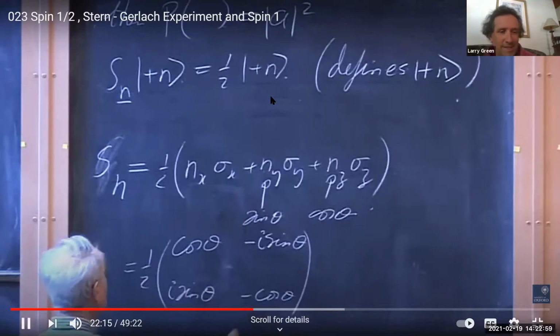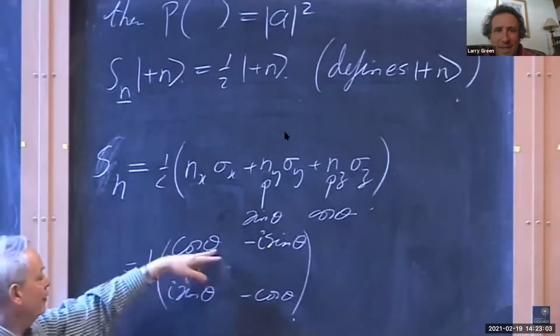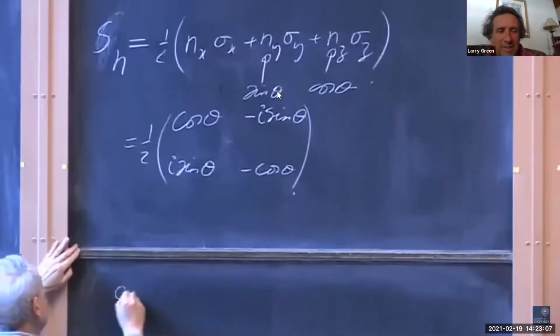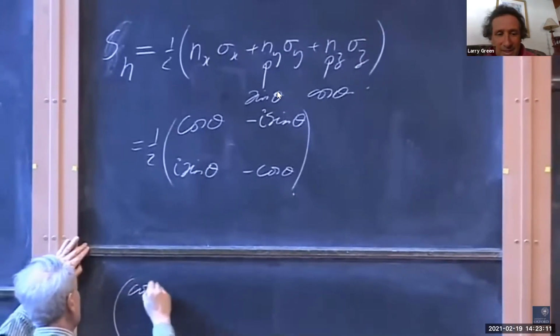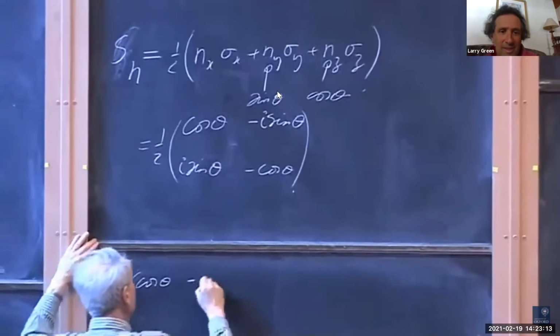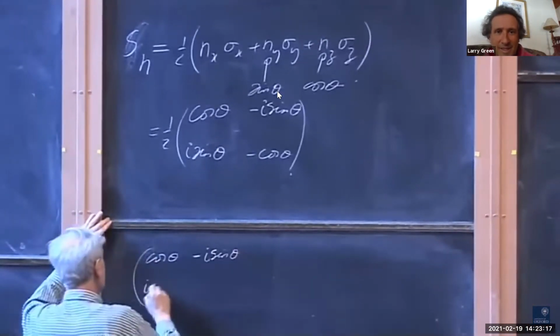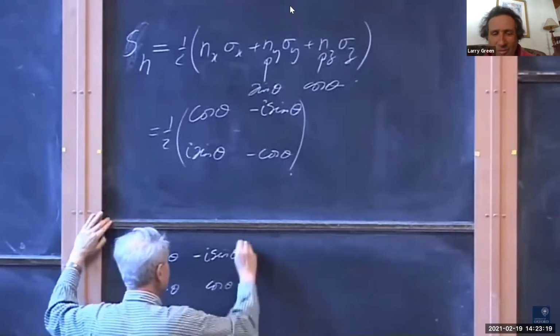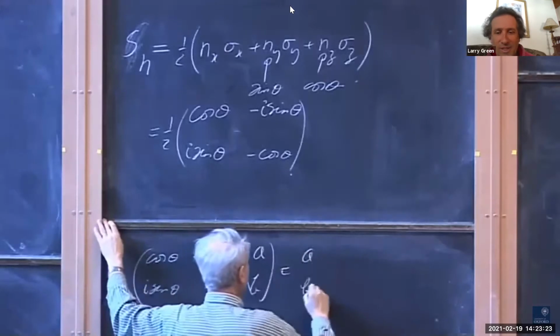So this is the matrix that represents Sn, where theta is defining the direction of n. And now all we have to do is say that this matrix, cos theta, minus i sine theta, i sine theta, cos theta, acting on (a, b) is equal to (a, b).